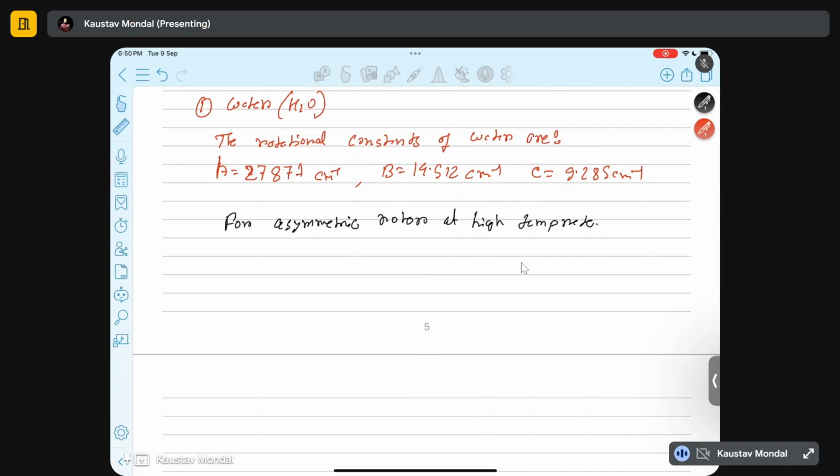At high temperature, the rotational partition function q_R simply looks like this: 1 by sigma, kT by hc, to the power 3 by 2, times root pi by the square root of ABC.